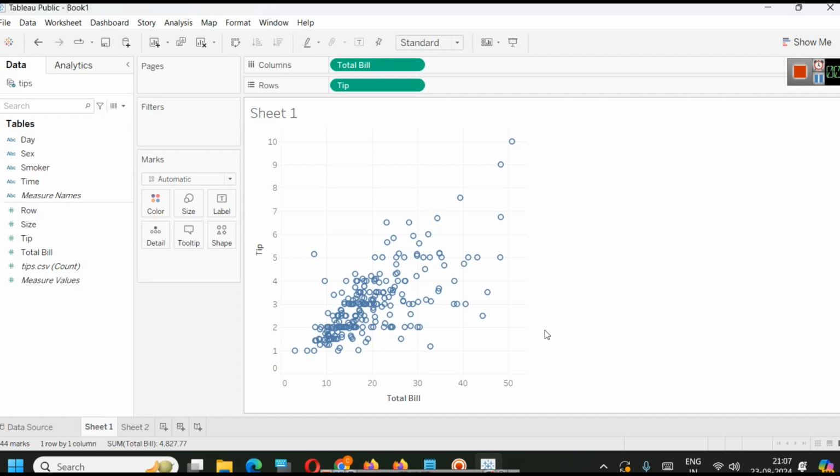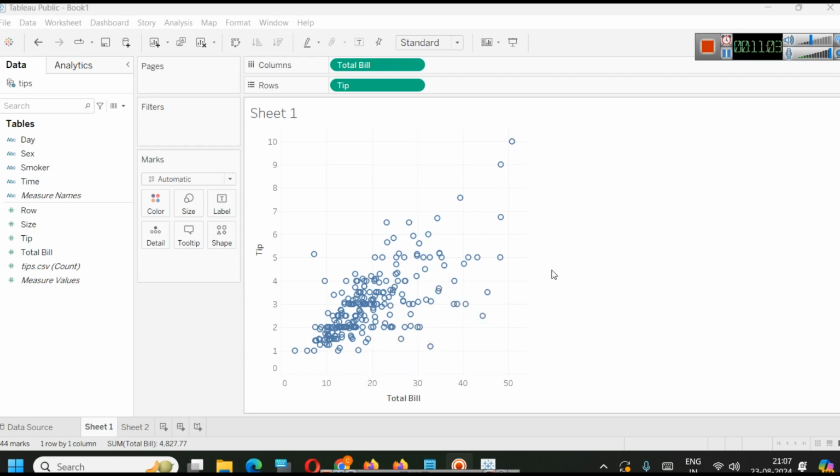Now if I ask you a question, if we increase the total bill, will the tip increase or not? What do you think? The answer will be, obviously, if total bill is increasing, tip is also increasing.